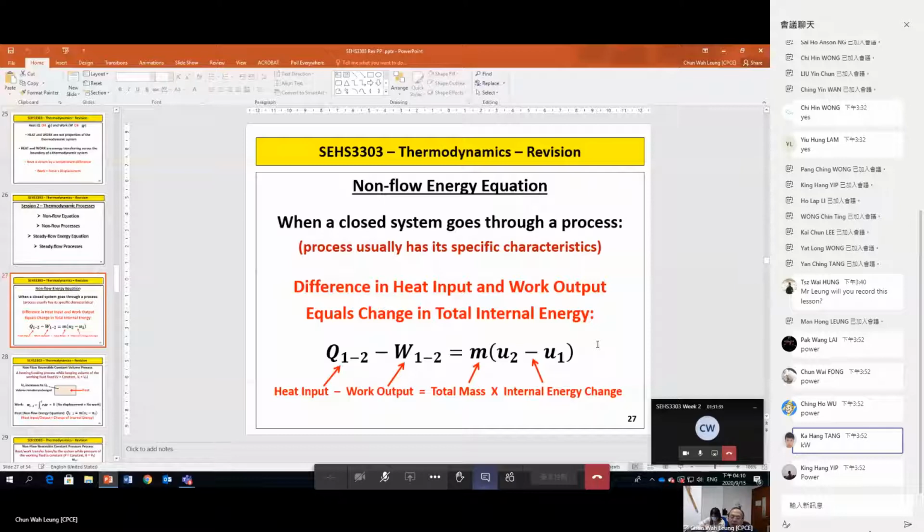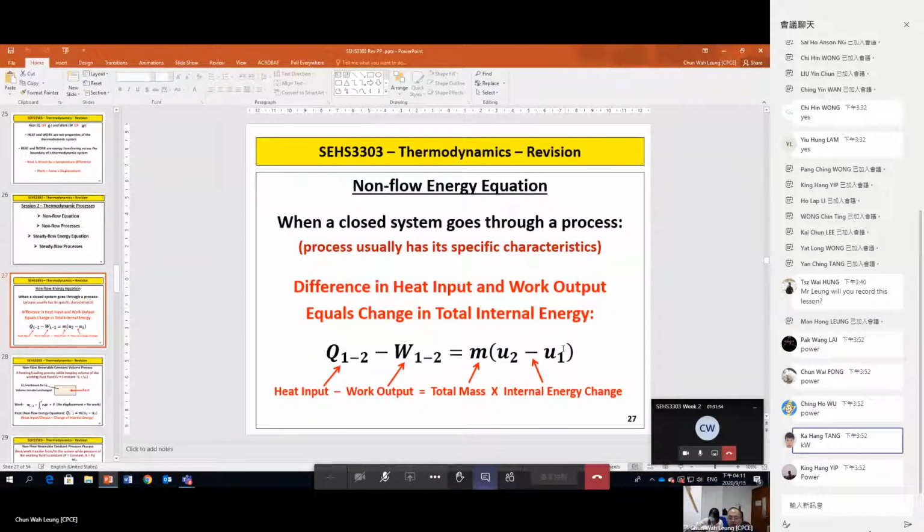However, if the working fluid is a gas, then we use linear simple equations.